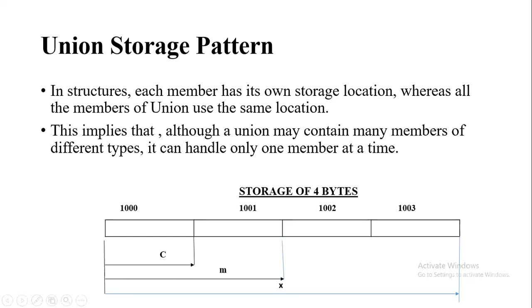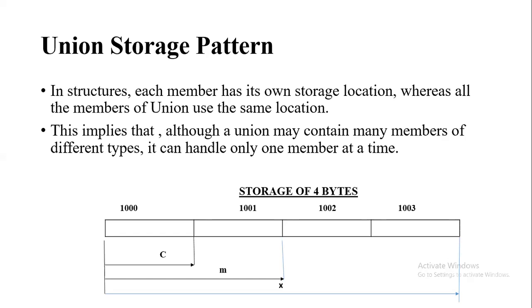Now, how can you handle this? If all are stored at the same place, how can you access them? How do we print it? That becomes an issue. So union works in a peculiar way. It works in a different way. We can access only one member at a time. There may be applications in which we are not accessing all members at all. We may have defined them so that at some point we may require them.